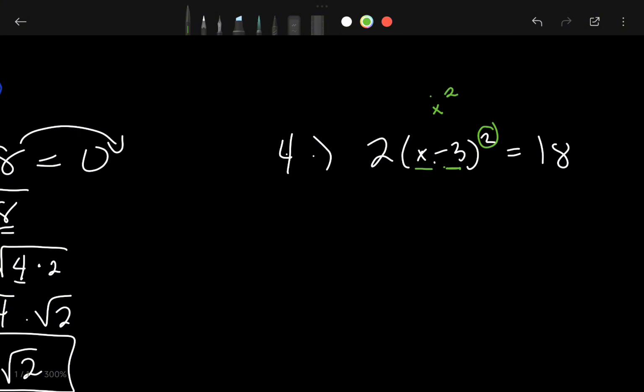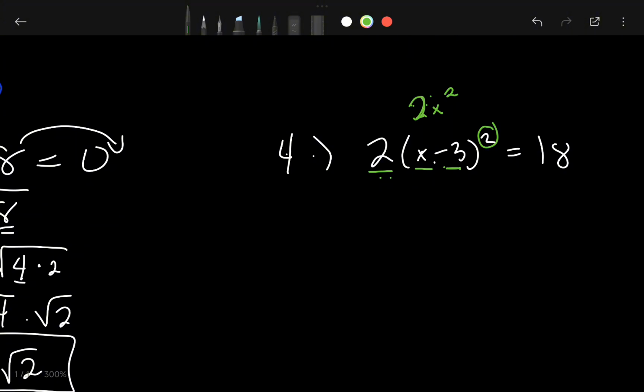X squared. Okay? And since (x minus 3) squared is considered as x squared as 1, we can already consider that 2 is also a numerical coefficient of x squared. So we have 2x squared here.